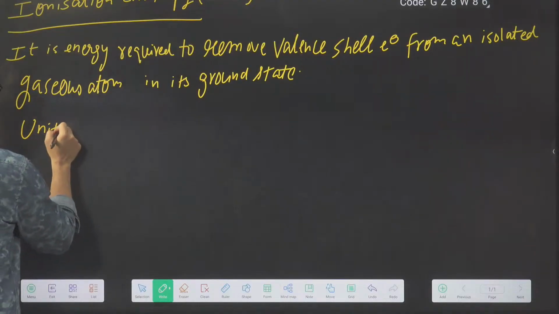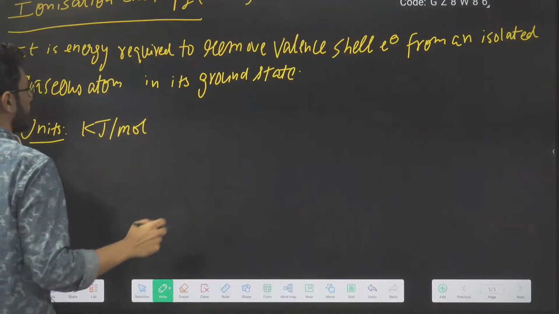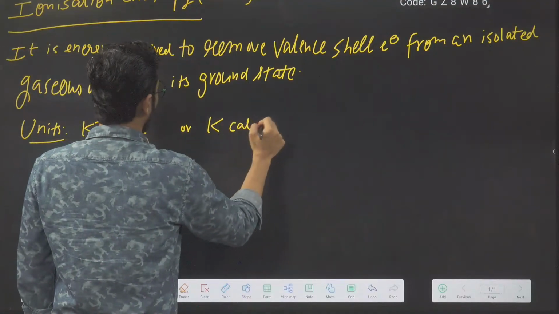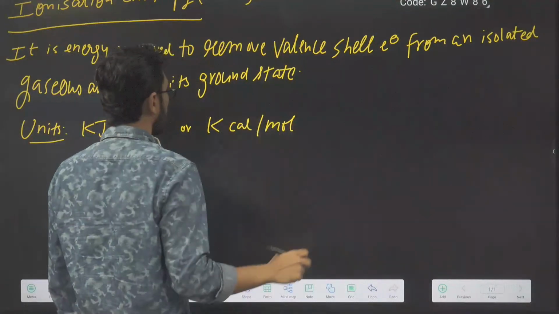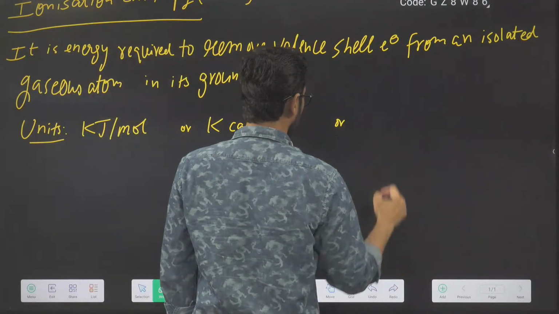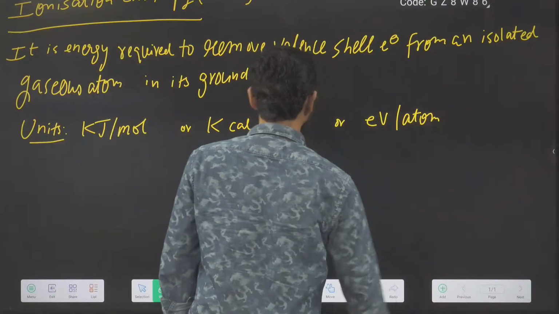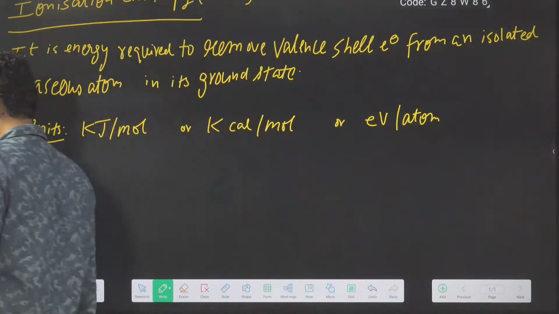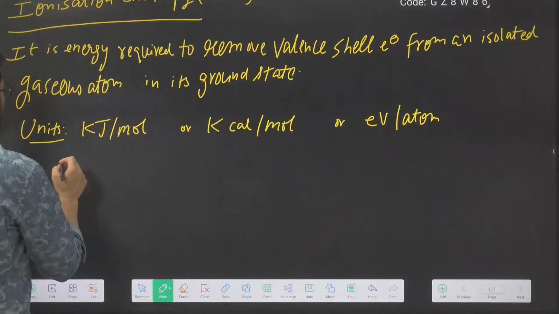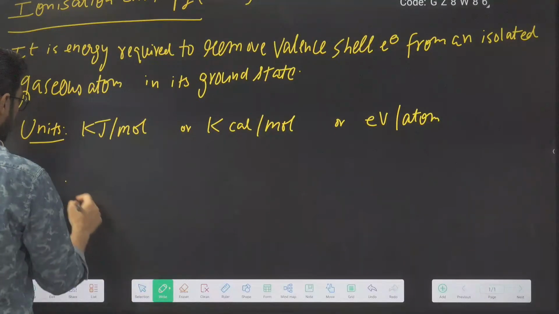What are the units? Kilojoules per mole or kilocalories per mole, or in the module you might get electron volt per atom. And represented in this manner.